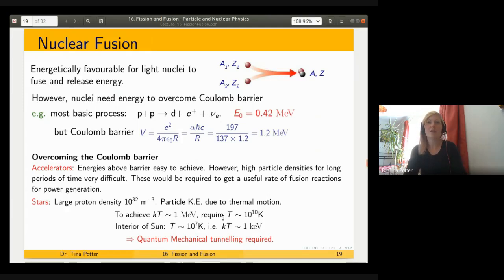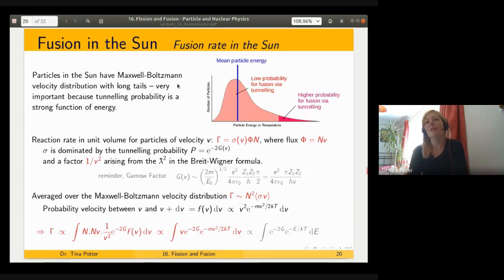And that means that the typical energies of our protons is only about 1 keV. They do not have enough energy to classically overcome that Coulomb barrier. So again, quantum mechanical tunneling is going to be required for fusion in the sun. So let's have a look. Our proton energy in the sun follows a Maxwell-Boltzmann velocity distribution.